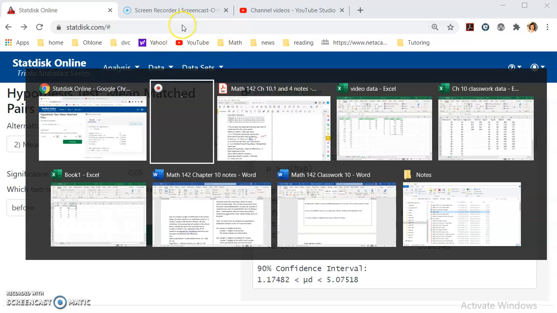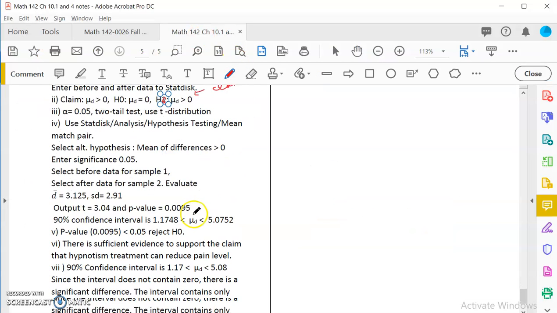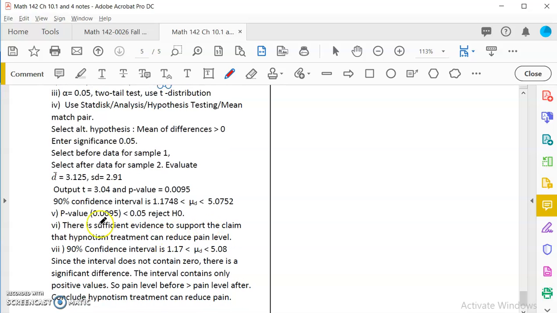Copy all this down, put it back. 3.04, 0.0095, right? And then we have this 1.17 and 5.08 difference in pain level.